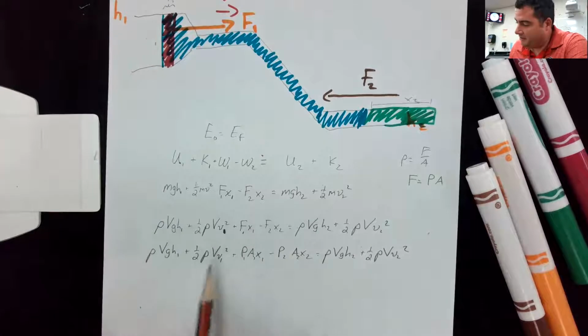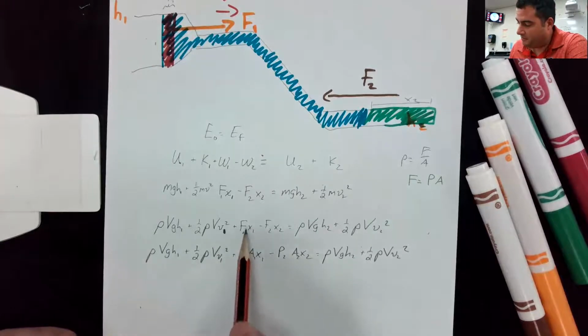Again, it's looking complicated, but hopefully you're seeing that all I did was sub in PA for F.